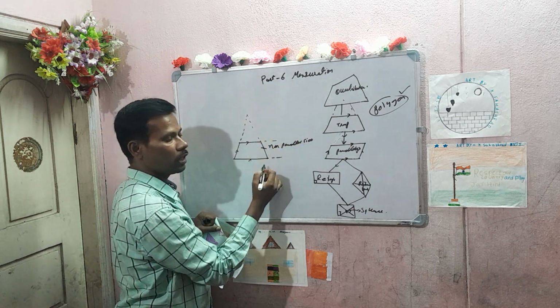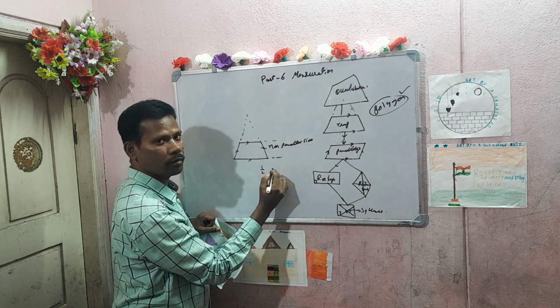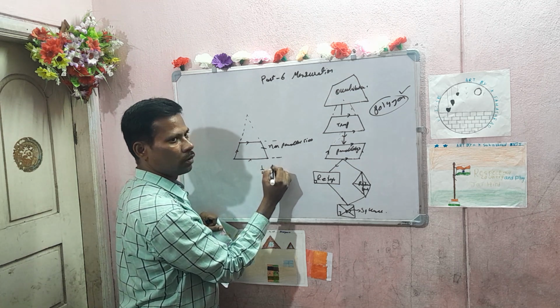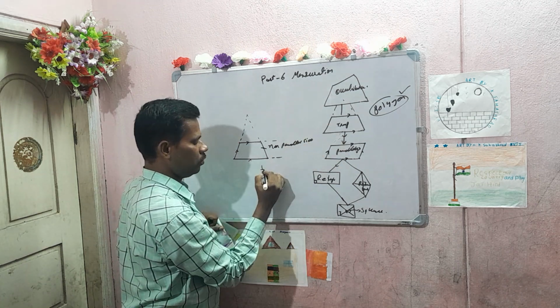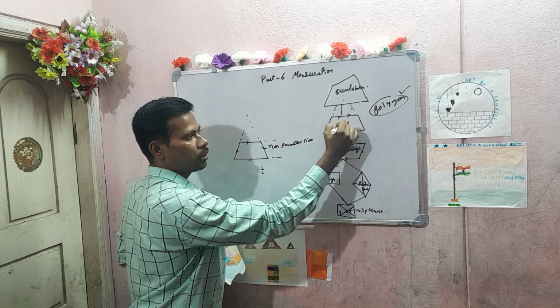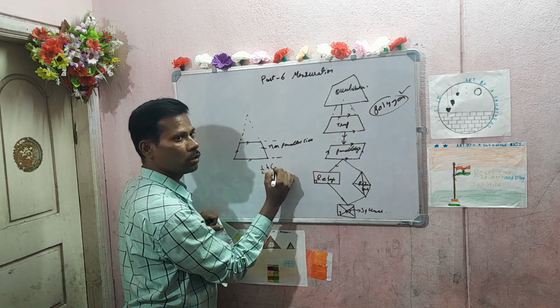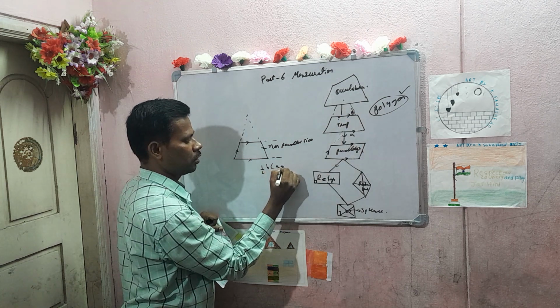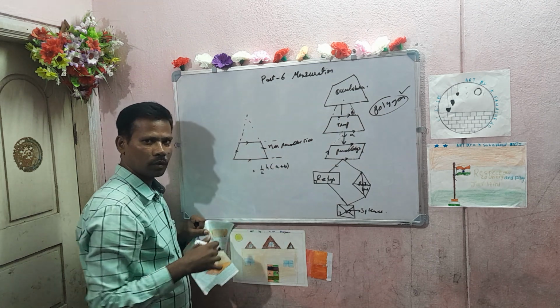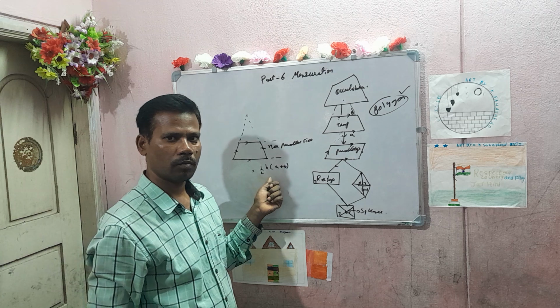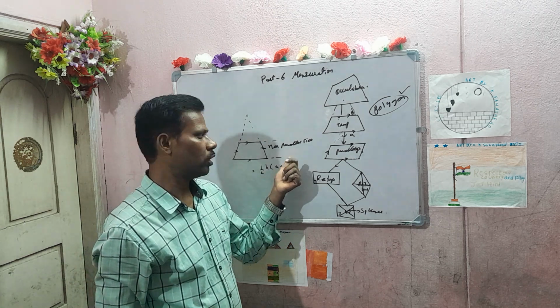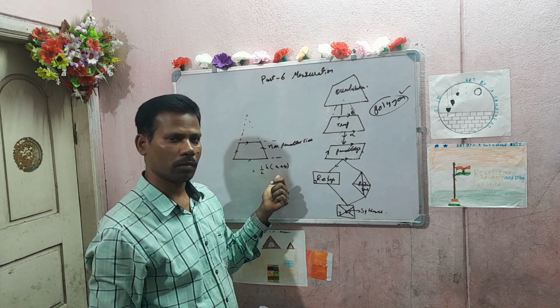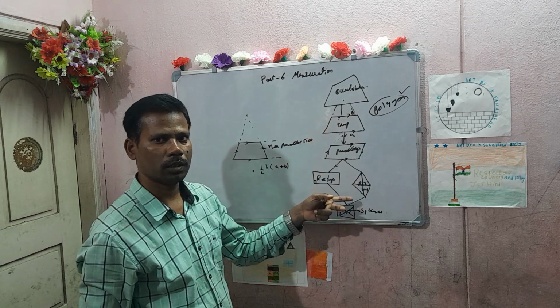Now the area of a trapezium is nothing but half the distance between these two parallel sides into the sum of the parallel sides. You need to remember this formula while doing problems.